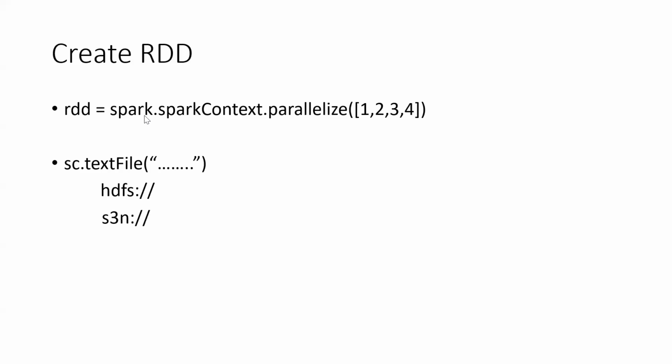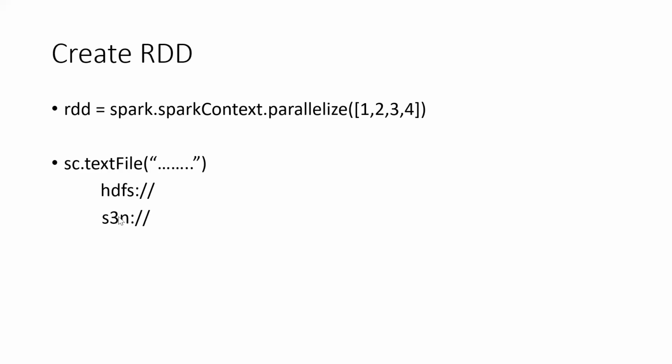When the RDD is ready, we can go ahead with this kind of data manipulation or data analysis. That's why we are converting into RDD. We can also do this from a text file or any file stored in HDFS, the distributed file system, or any file stored in an S3 bucket.